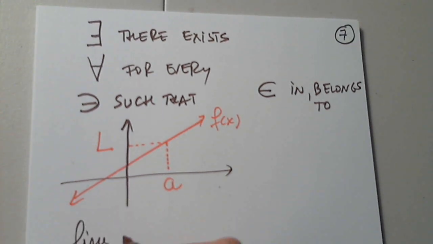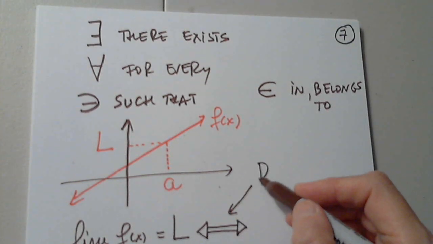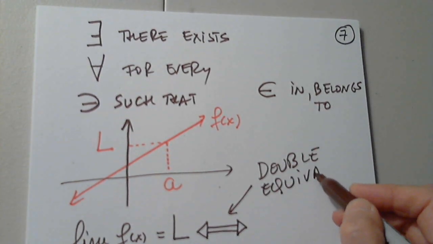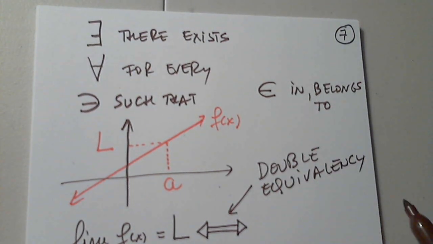As x approaches a, f of x is? L. Of course. I'm going to use a double equivalency symbol.